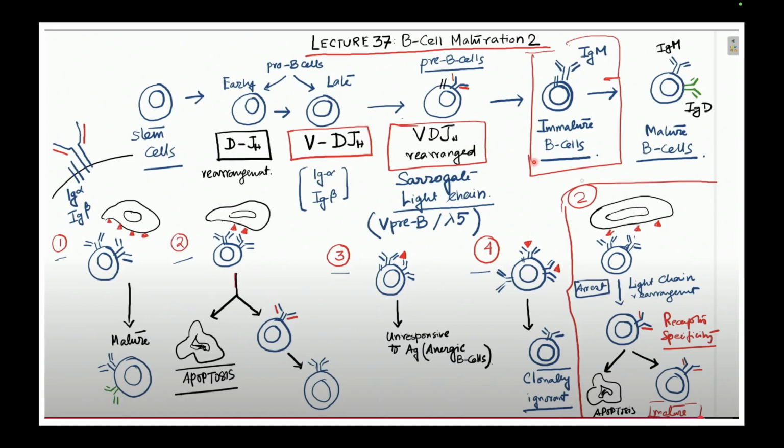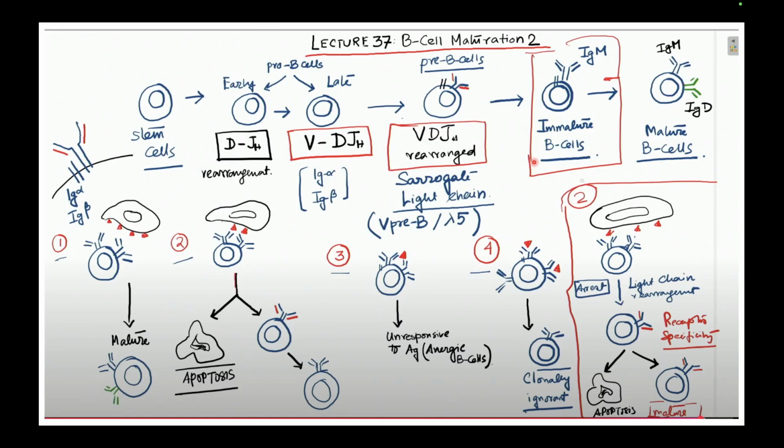First, of the heavy chain and light chain, the heavy chain recombination starts. The D region is in the heavy chain only, which brings diversity into the heavy chain portion, and due to that it can interact with several kinds of antigen.